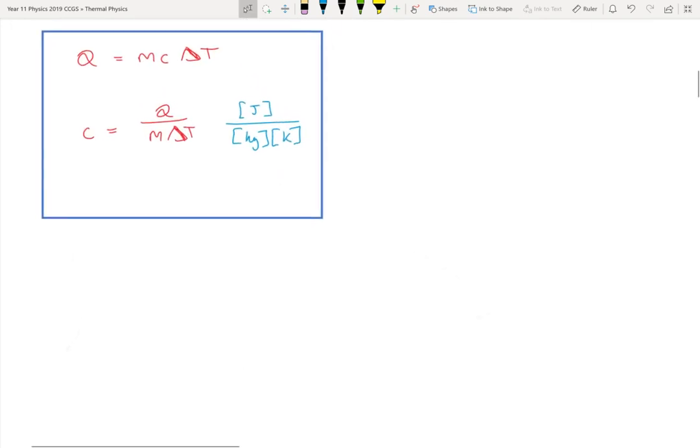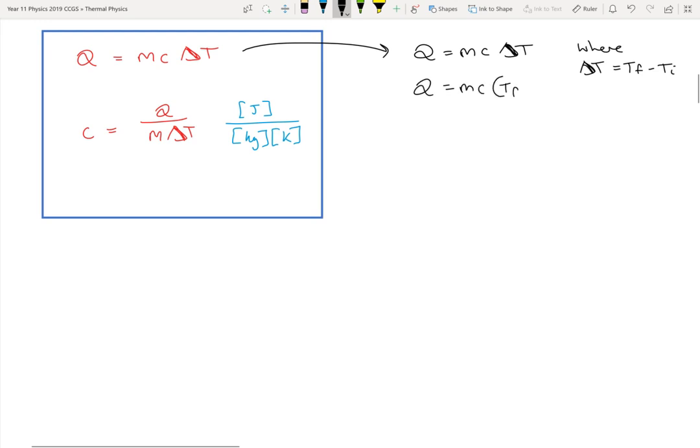Here's what I want to quickly show you. We can take this equation and expand delta T, and it will be important to do so in future lessons. We could write this as Q equals MC (TF minus TI).